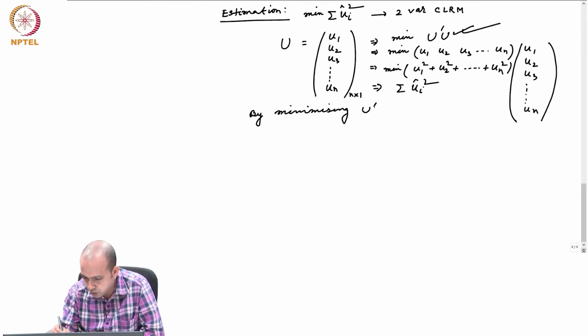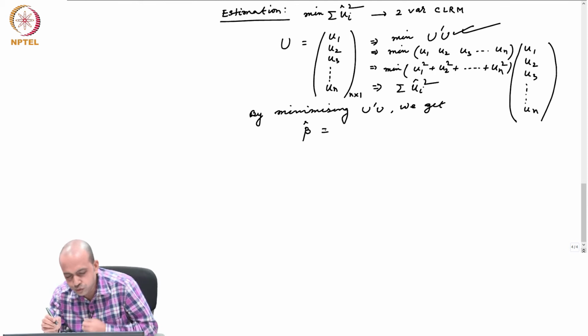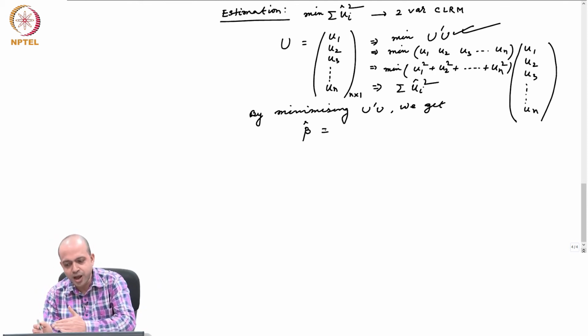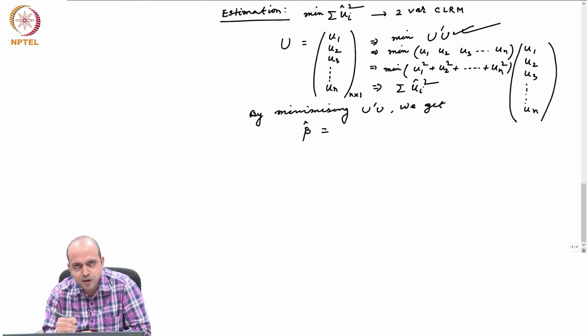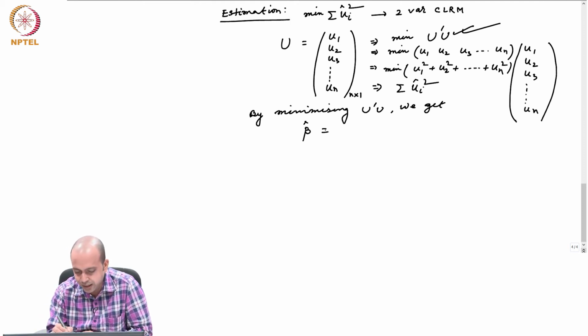By minimizing u prime u, what we get? We get our desired beta hat. I am not going to give you the solution, you can try with this, okay? After minimizing this at the end, what we will get?